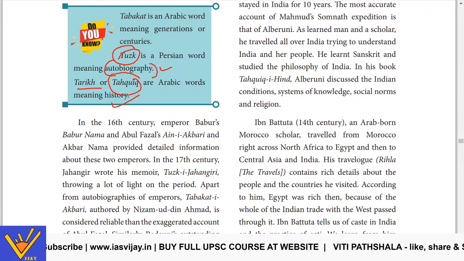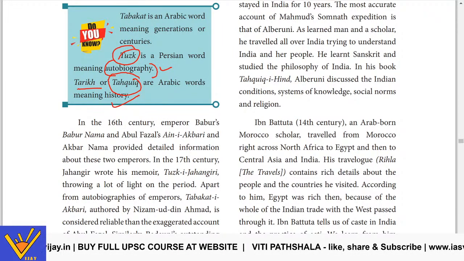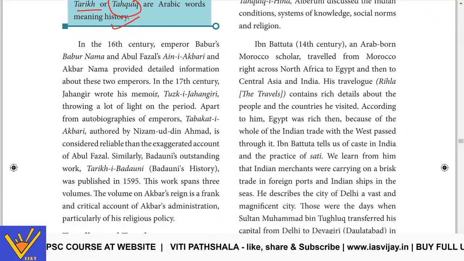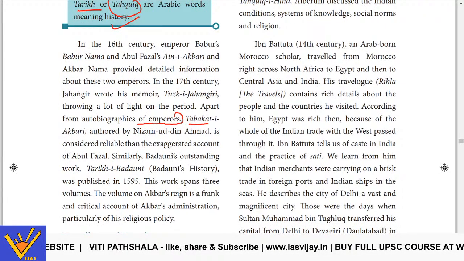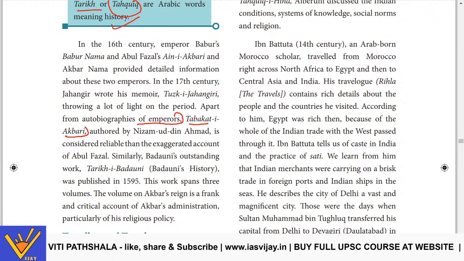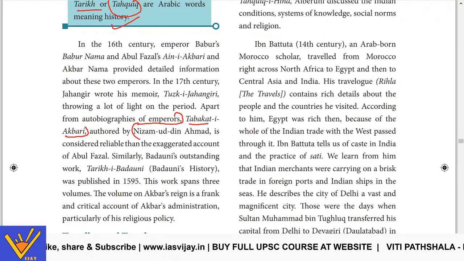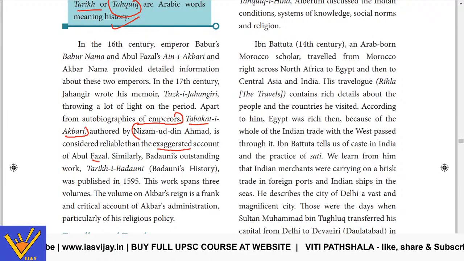Throwing a lot of light on the period. Now, apart from the autobiography of the emperor, Tabaqat-i-Akbari, authored by Nizamuddin Ahmad, is considered more reliable than the exaggerated account of Abul Fazl.